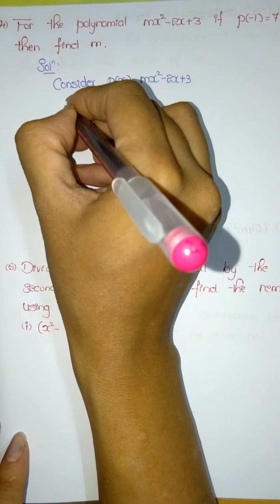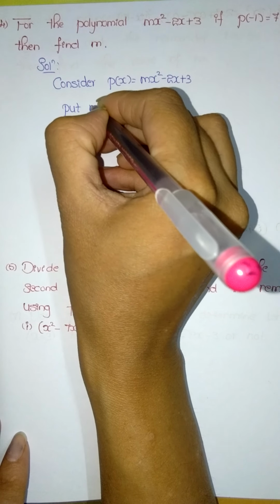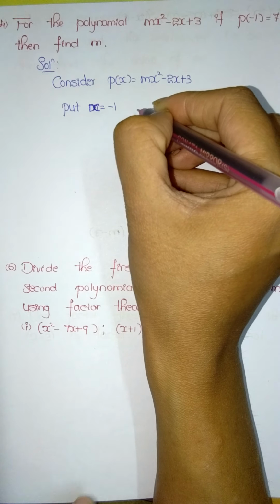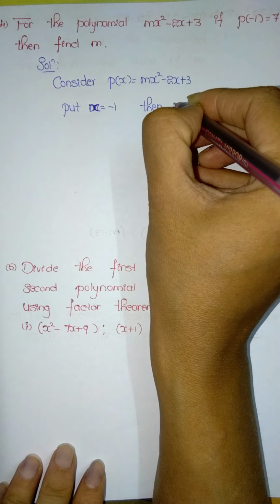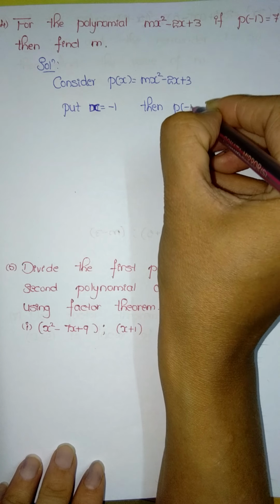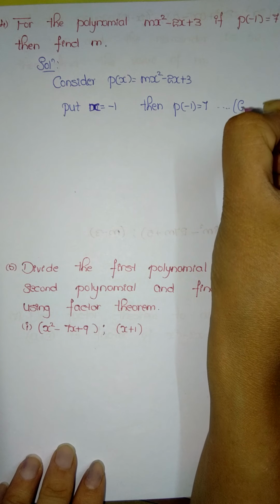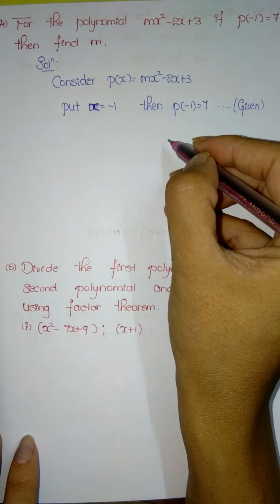When we put x equal to minus 1, then p of minus 1 equal to 7, because already it is given. Now put the value of x equal to minus 1.